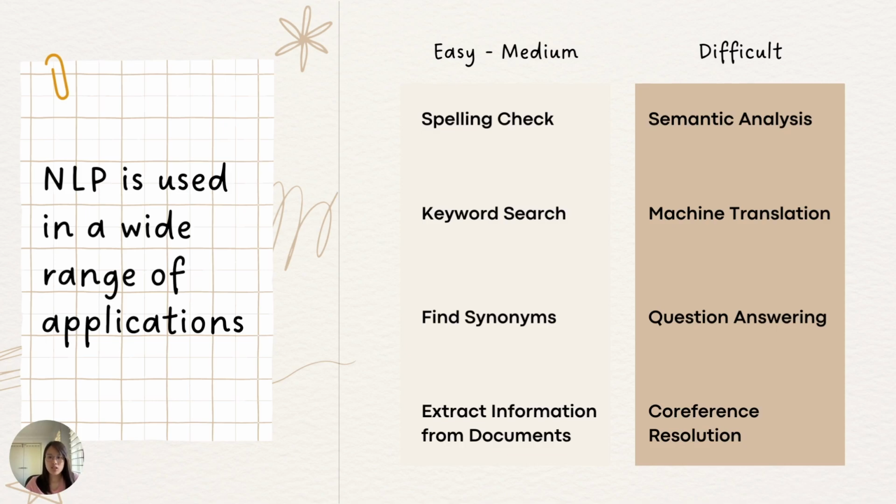Well, coreference resolution is the finding of all mentions that refer to the same entity. For example, in a paragraph, we have mentions that refer to different entities, different objects, or different persons. So it's able to link them together and help us to find mentions that refer to the same person or the same object.